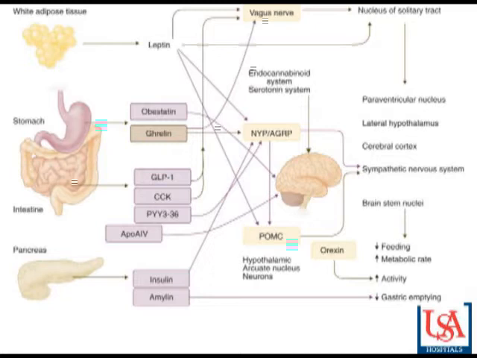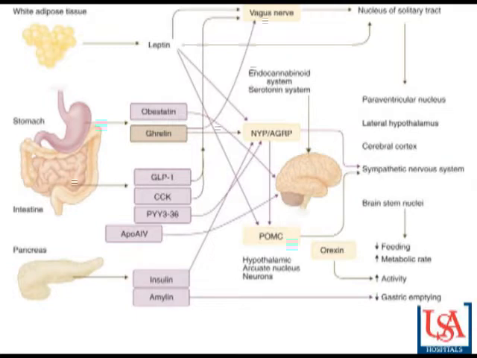a lot of people think that eating is all about your brain and everything else. But notice that the brain is taking all the orders from the GI tract and from fat and from your pancreas. It's not the brain, it's the GI tract. The GI tract is driving eating behavior to a large degree.